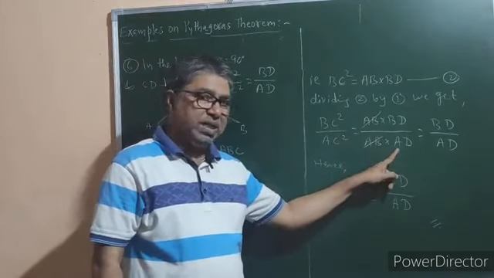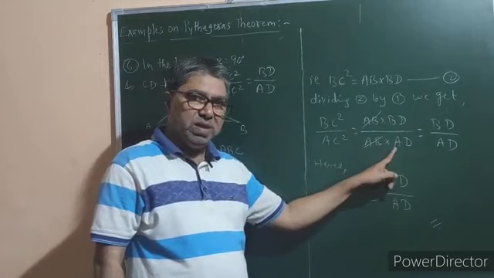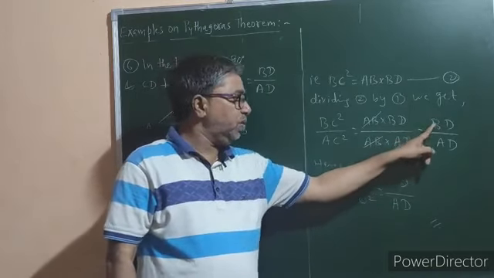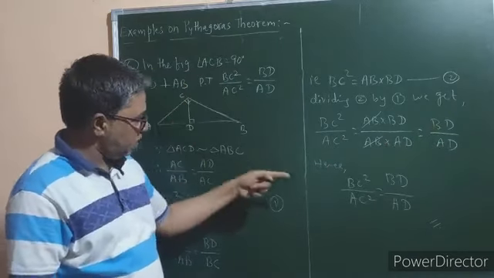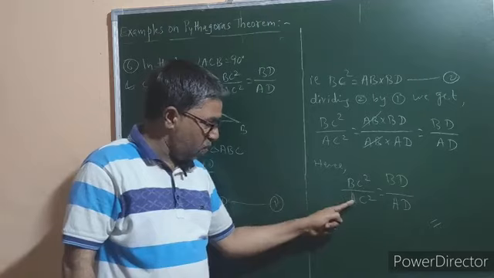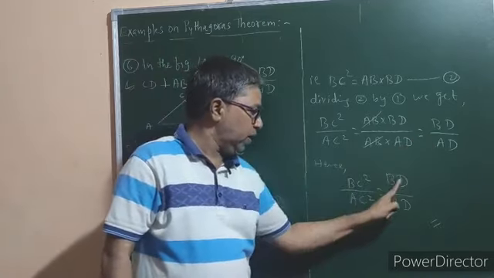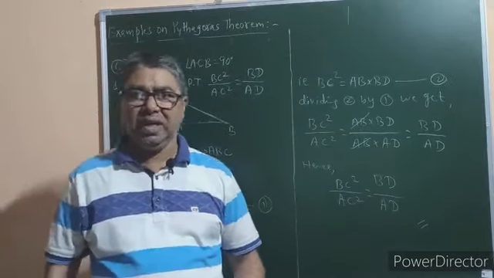So AB got cancelled. BD upon AD is remaining. Hence BC square upon AC square is equal to BD upon AD. This is how we solve this example.